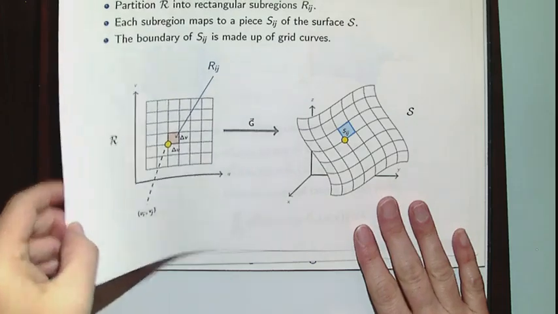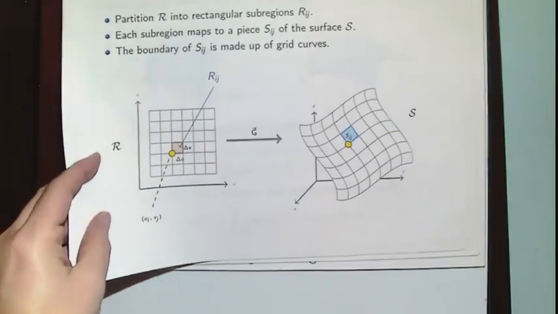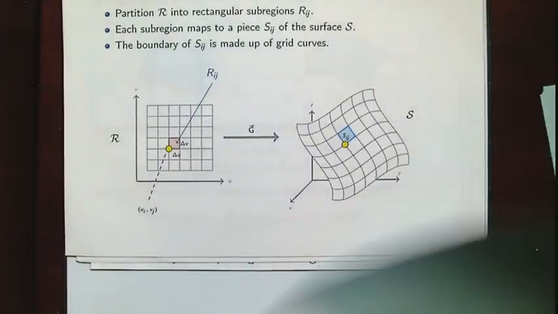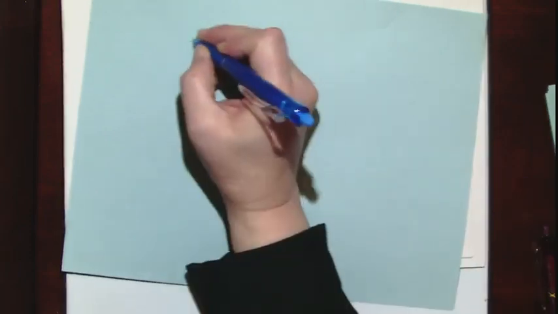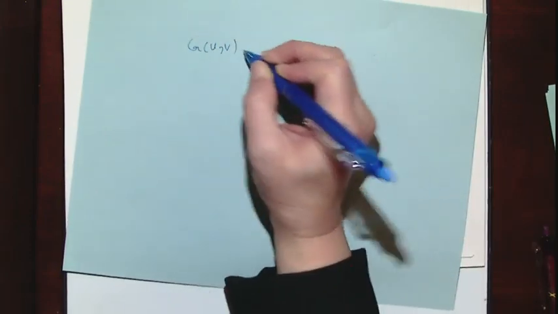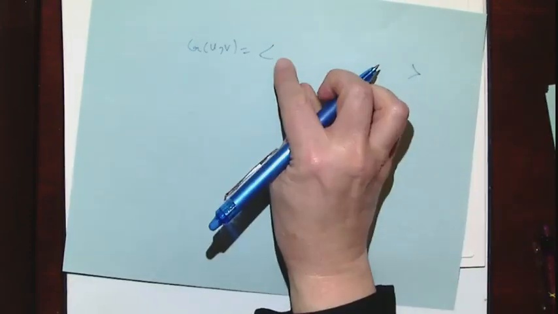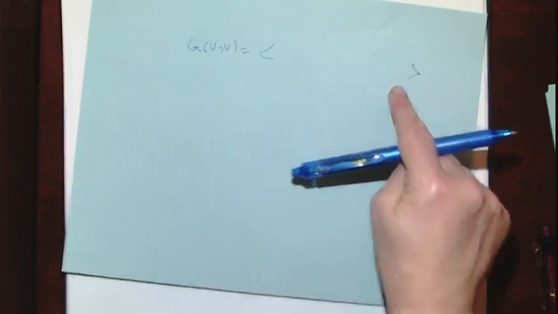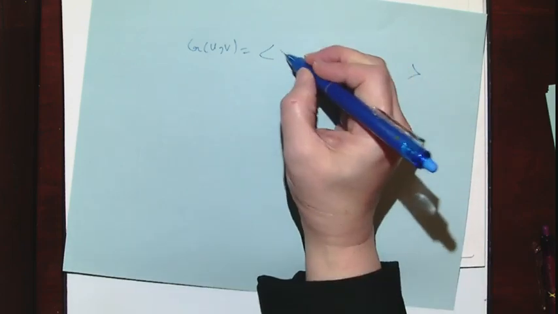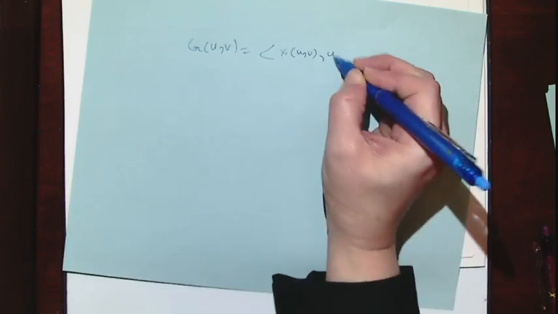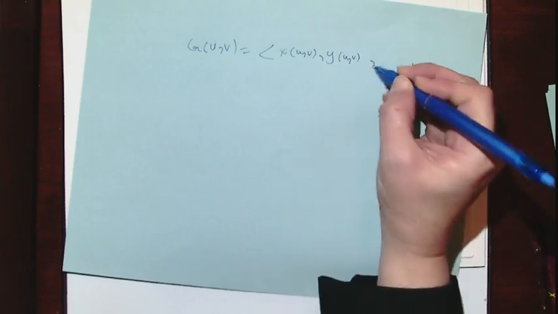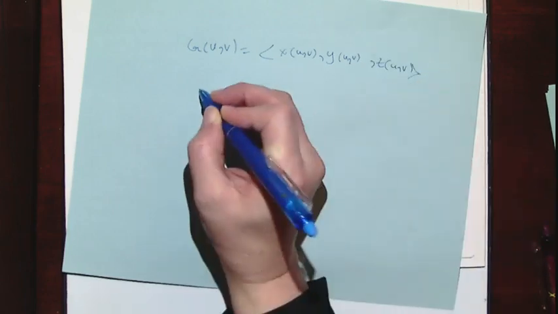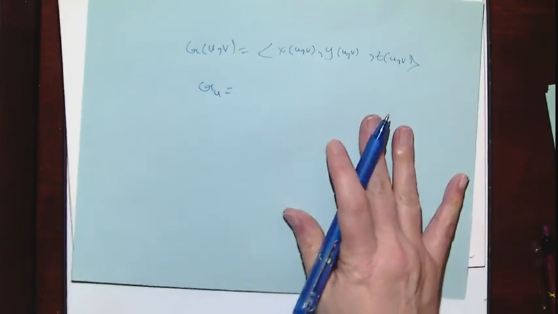Now I'm going to use the formula for surface area very quickly. One quick thing. When I say G of U and V, how many components are in here? X of U and V, Y of U and V, Z of U and V. When I'm saying G sub U, what do I mean?